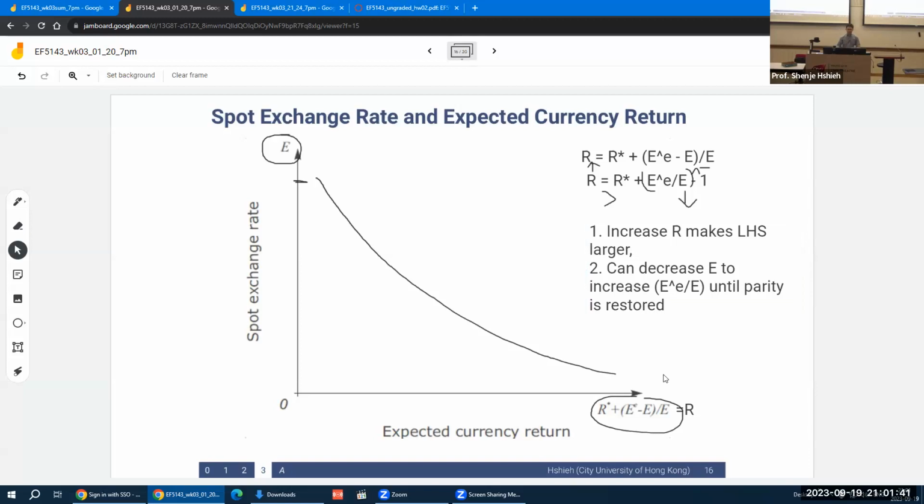So all else equal, if you want UIP to be true, and if I decide to increase interest rates in a direction, there must be an opposite direction change in E such that the parity is restored. So there's a negative relationship between E and R.